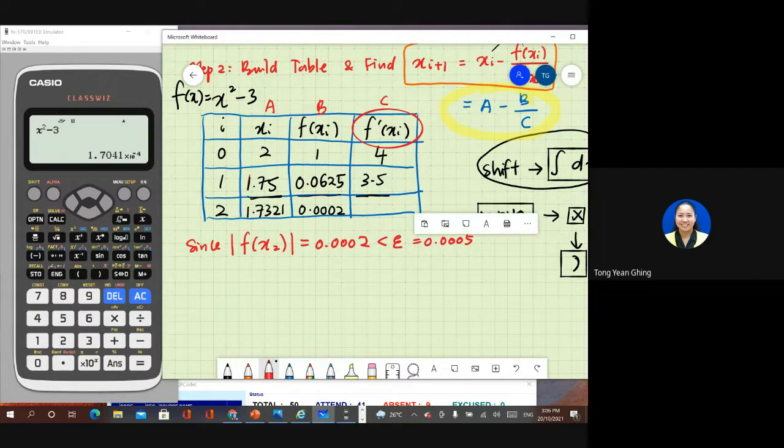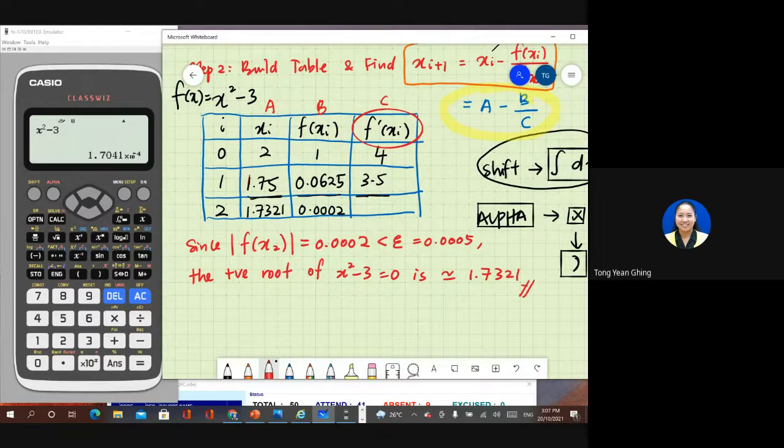So the positive root of x squared minus 3 equal to 0 is approximate 1.7321. Tapi soalannya yang ditanya punca kuasa approximate. So 7321. Boleh. So okay or not?